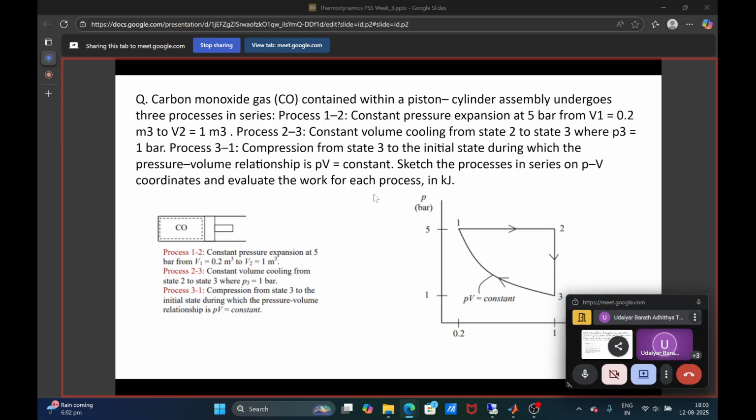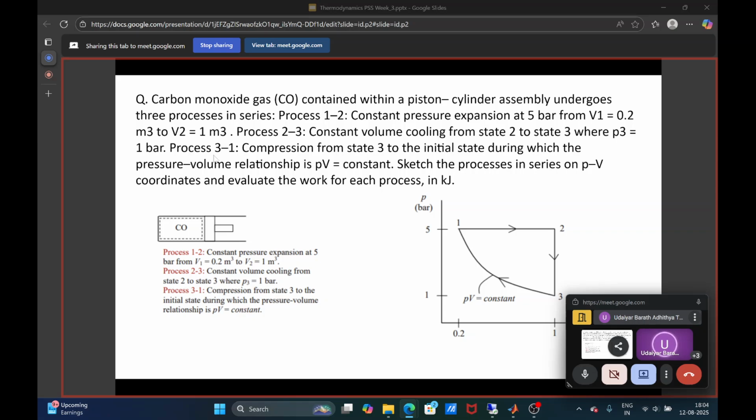So the first question for today: carbon monoxide gas contained within a piston cylinder assembly undergoes three processes in series. Process 1 to 2 is a constant pressure expansion at 5 bar from V1 equal to 0.2 meter cube to V2 equal to 1 meter cube. Then process 2 to 3 is a constant volume process, going from 5 bar to a pressure of 1 bar.